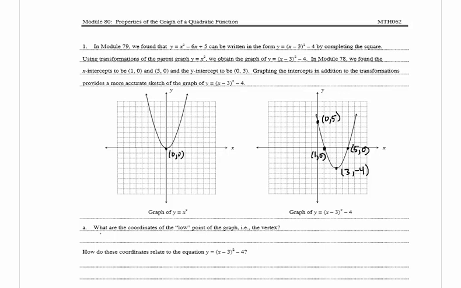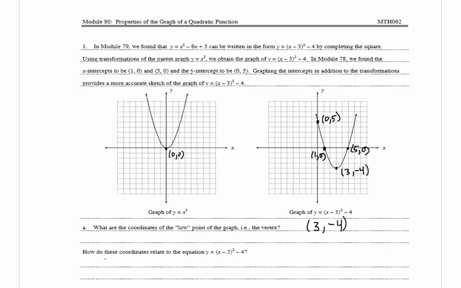So in A, they ask, what are the coordinates of the low point of the graph, i.e. the vertex? So since our parabola is opening up, we have a minimum point or a low point, and that's at the vertex, (3, negative 4). And then it asks, how do these coordinates relate to the equation y is equal to (x minus 3) squared minus 4?